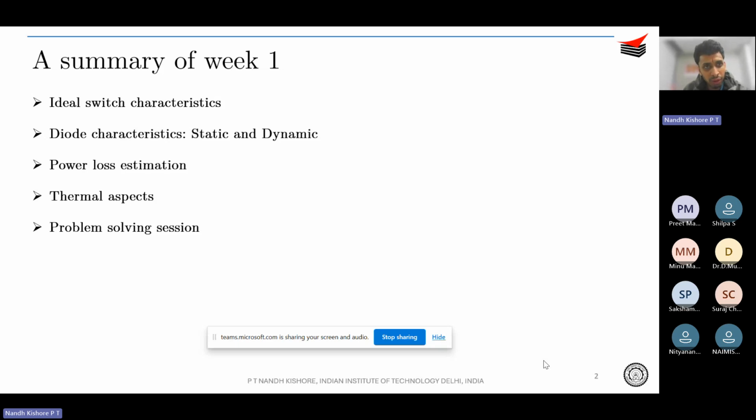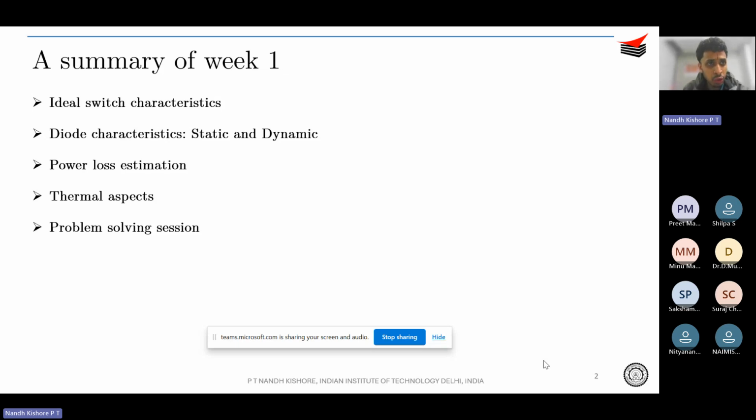That is, based on the TJ that you require, the junction temperature, you determine what heat sink you require, the R theta or the thermal resistance of the heat sink required. So we will also be going through problems on how to calculate the power losses and how to select a suitable heatsink based on the maximum temperature that's allowable. So the problem solving session would be mostly oriented towards that.